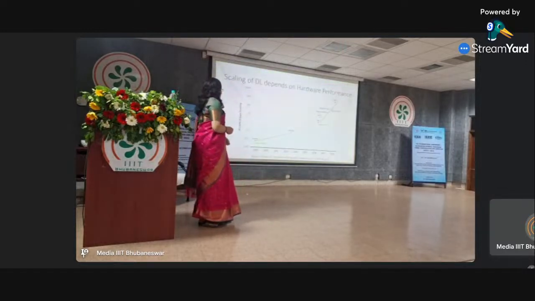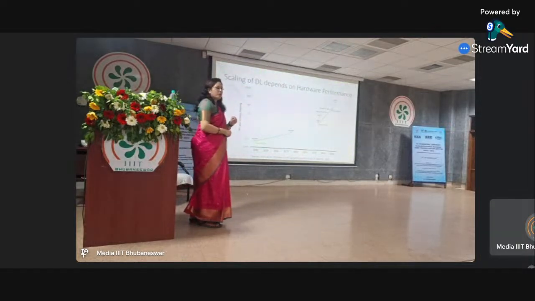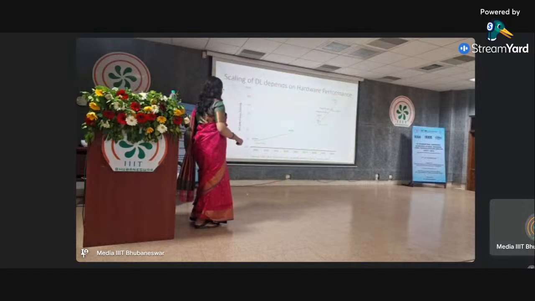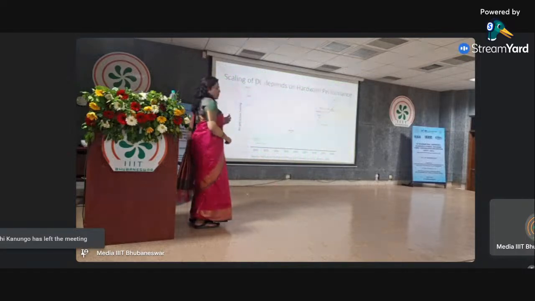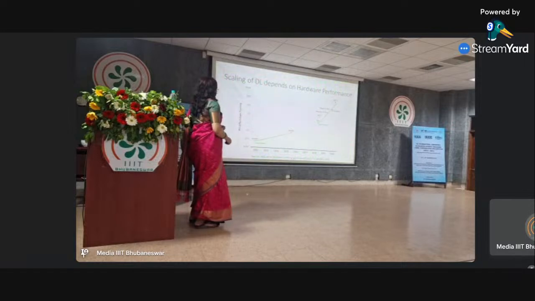If we analyze the scaling of deep learning workloads, we can see that it depends on the underlying hardware performance. On the x-axis, we have the years, and on the y-axis, we have petaFLOPS, floating point operations per second, which is one measure of throughput, multiplied by days in training.